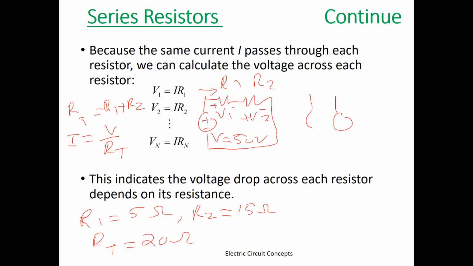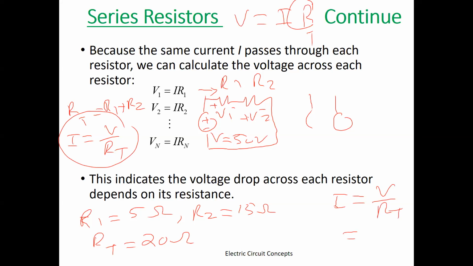Now I plug in for I in this formula. Again, we get this from Ohm's law: V equals I times R. Since we have two resistors and we combine them, they become one resistor, RT. So I would be equal to V over RT.